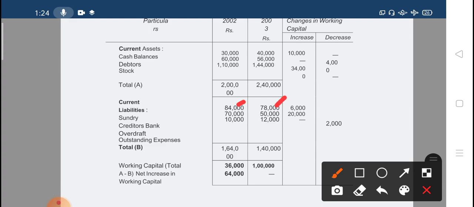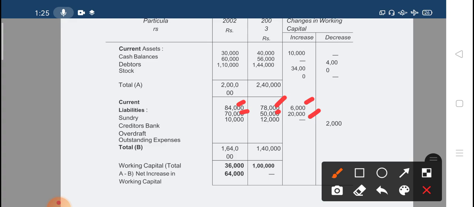So there is a decrease in amount of 6,000. It has to be treated as an increase in current liability. Then bank overdraft, that is 70,000 and 50,000. So in the amount column it is showing a decrease of 20,000. It has to be written as an increase in current liability.